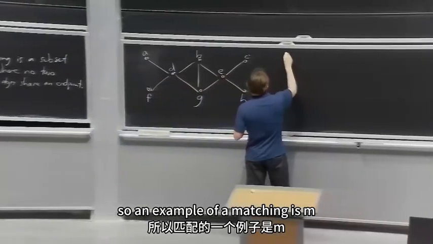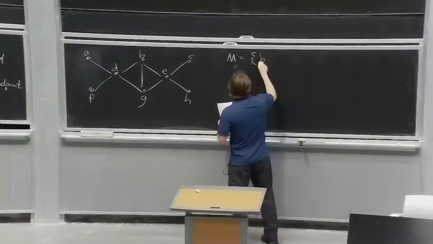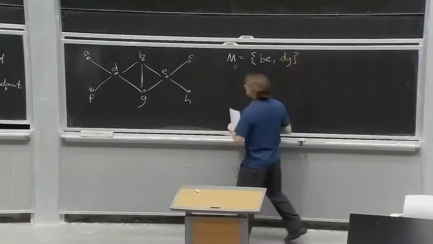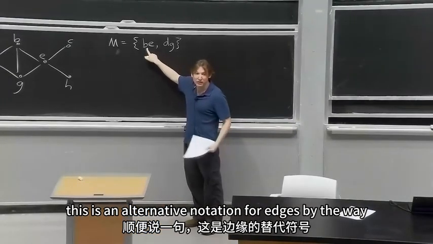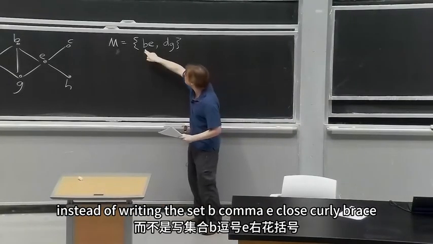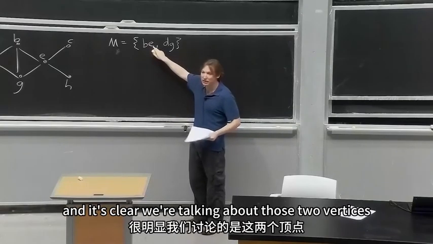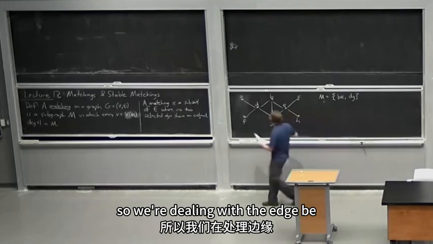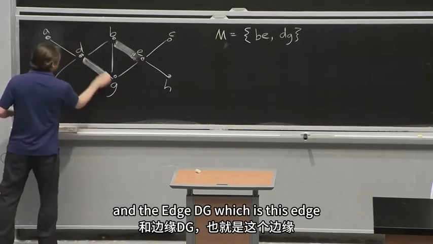So an example of a matching is M. This is going to be just the edges BE and DG. This is an alternative notation for edges, by the way. Instead of writing the set B, comma, E, close curly brace, I can just write BE next to each other, and it's clear we're talking about those two vertices. So we're dealing with the edge BE, so that's this edge, and the edge DG, which is this edge.